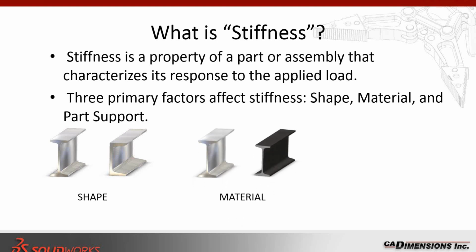Secondly is, of course, material. So different material will have different stiffness. So it can have the same type of geometry, the same shape, but even a slight change in material, even a material within the same class, can have different stiffness properties. And third is part support.